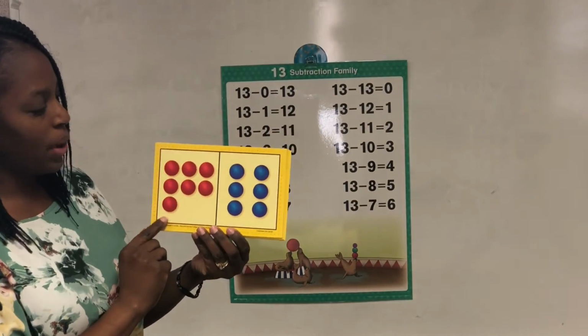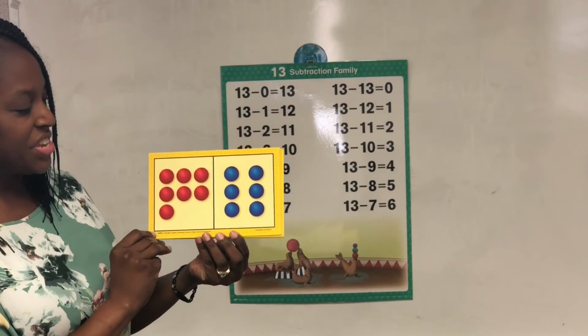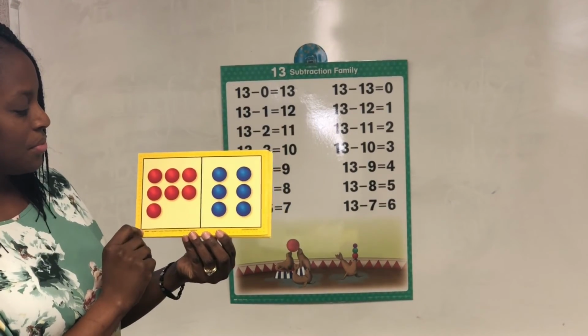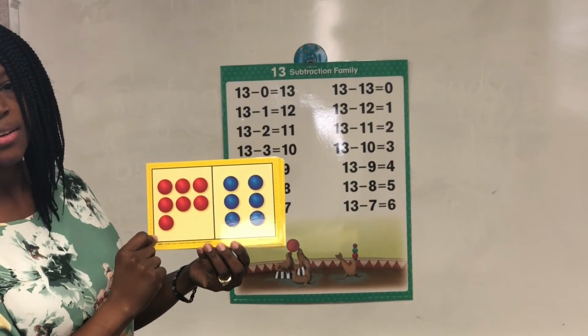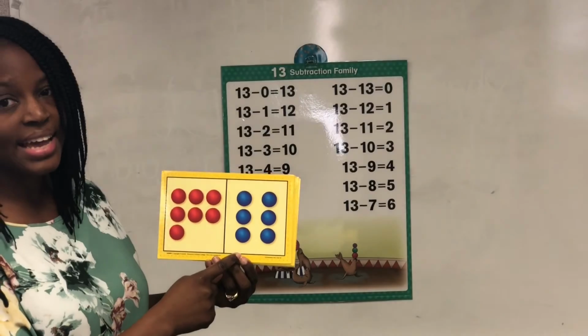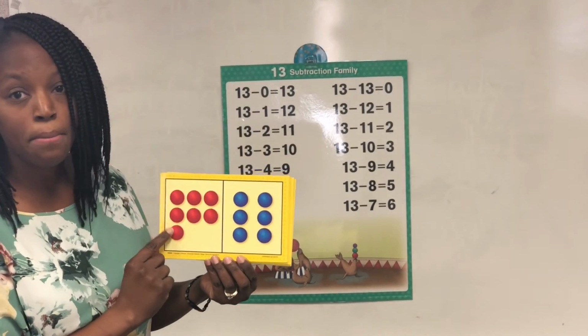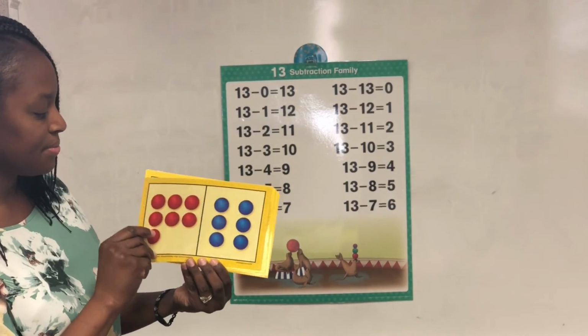How many dots do I have in all? 13. How many dots in the first square? 7 equals the dots in the second square, 6. So my combination is 13 minus 7 equals 6.